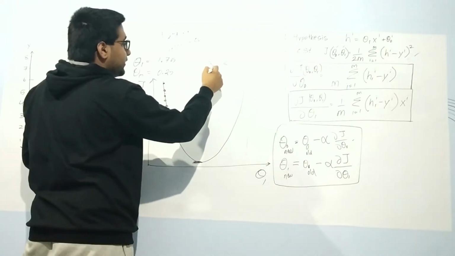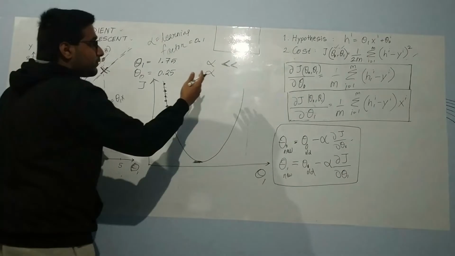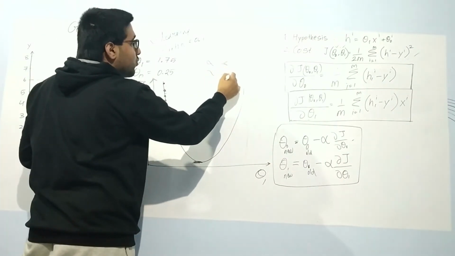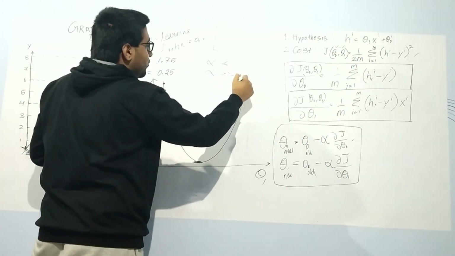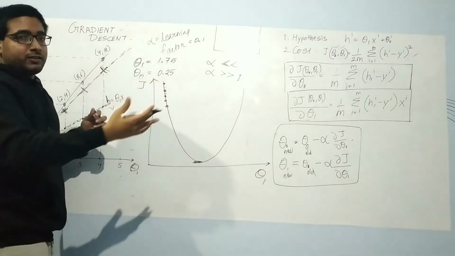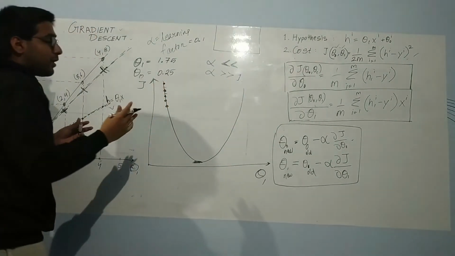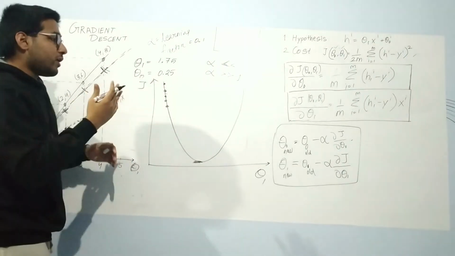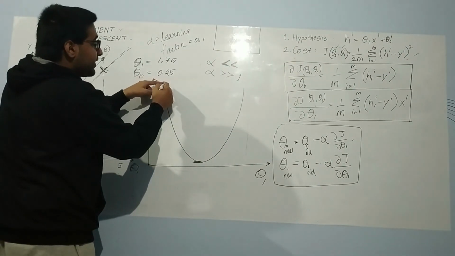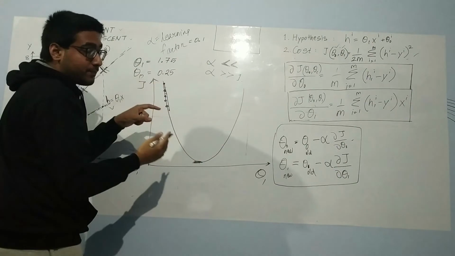Again, if we take the value of the learning factor more than say 1 or 2, more than the standard convenient values, the algorithm actually starts behaving haywire. It takes much larger steps than it is supposed to take.